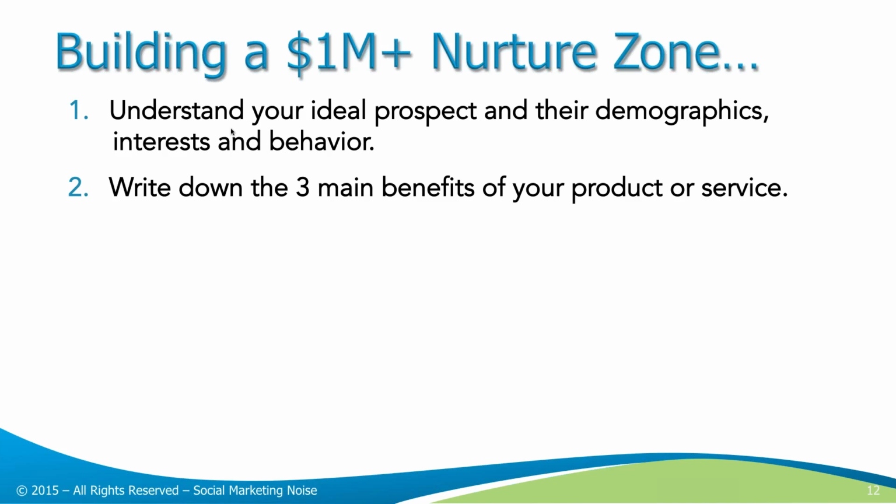So the first thing is once we know that, which is kind of our step 0, the first thing is we want to know who our ideal prospect is, and as much as possible, their demographics, interests, behavior, and so on. On the example I showed you with the allergy product, our ideal prospect was obviously a dog or a cat owner. We found that it was mostly women that were interested in this, generally between the ages of 35 and 55.